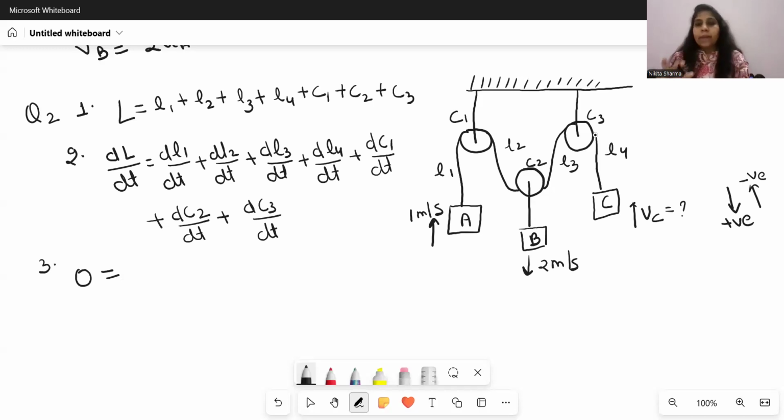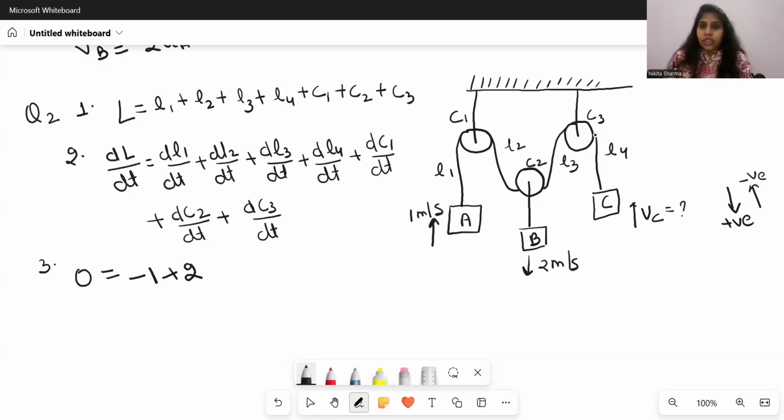Okay. So here in this question also, I'm considering that if block is moving downwards, the velocity is positive. If block is moving upward, the velocity is negative. Block A is moving upward. That means dl1 by dt will be minus. Length L2 will be changing when the block B will move, that is downward with 2 meter per second.